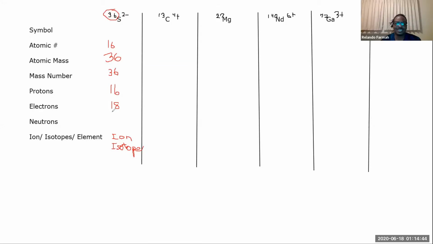How many neutrons? 20. How did you get 36? The atomic mass, because this is the new mass of this isotope. An isotope is the same element, but it has a different mass, and this tells me my new mass.